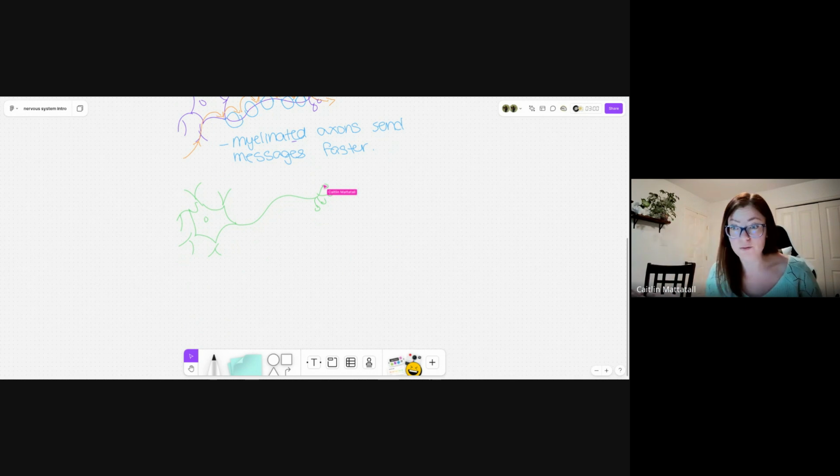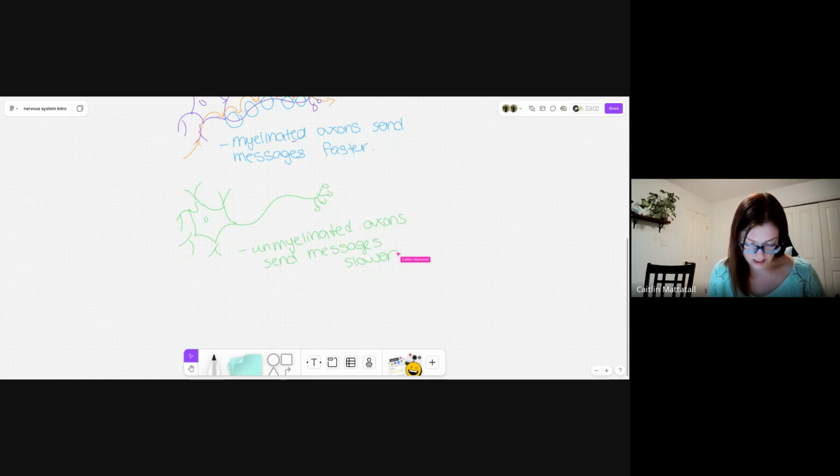It doesn't have those bubbles on it. Okay, it's unmyelinated. They're going to send messages a little bit slower. And just to show that, again, the message is going to enter the dendrite.